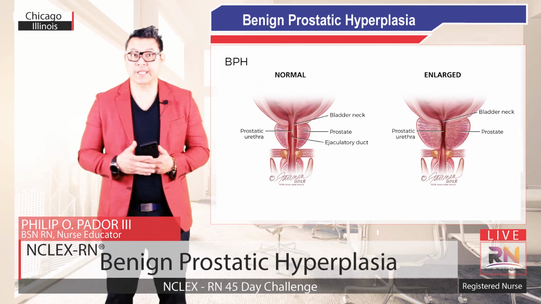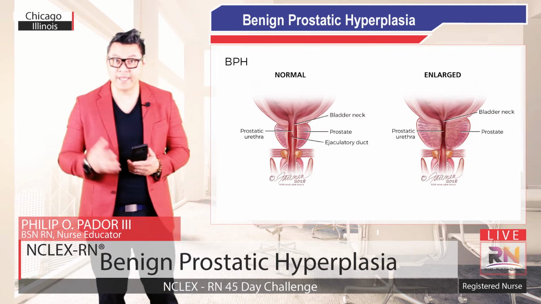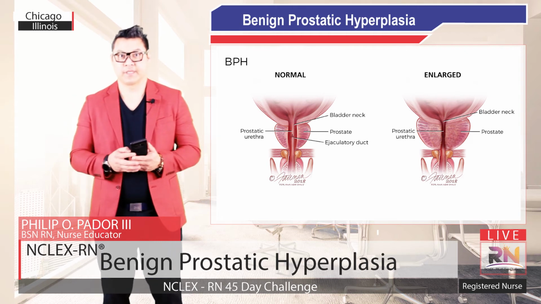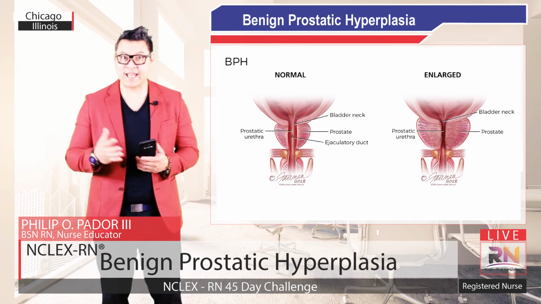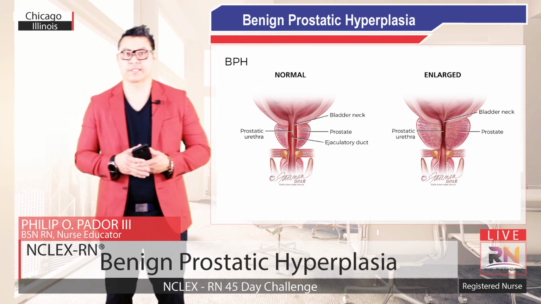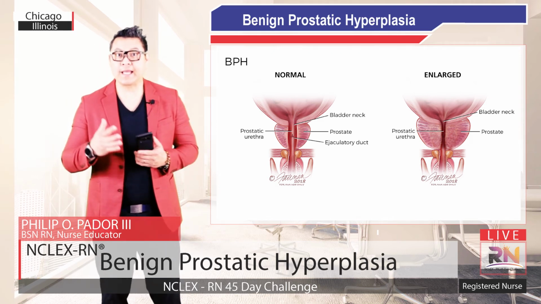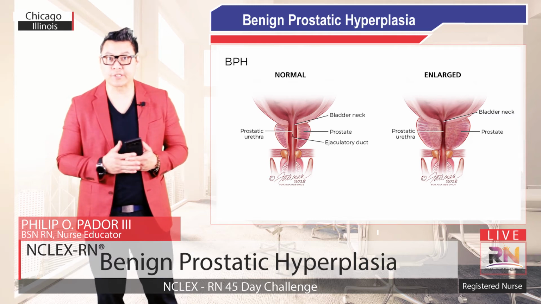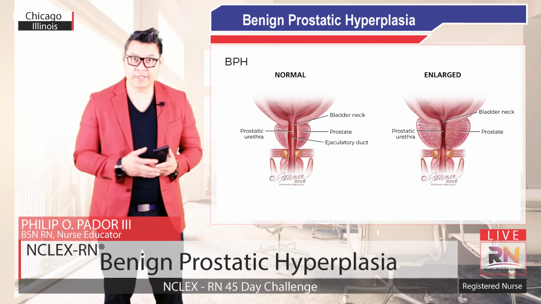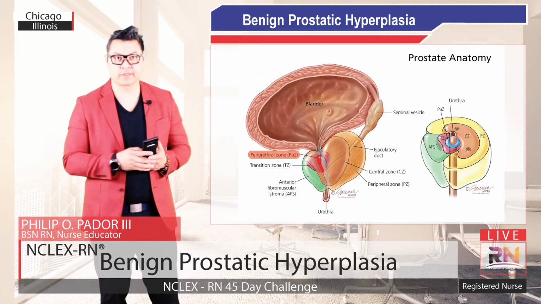Rather, the entire prostate gland enlarges pretty uniformly and small hyperplastic nodules form within it. These nodules are smooth, elastic, and firm and are sometimes mistaken for prostate cancer. Typically, hyperplastic nodules will form in the inner portions of the gland, specifically around the prostatic urethra called the periurethral zone.